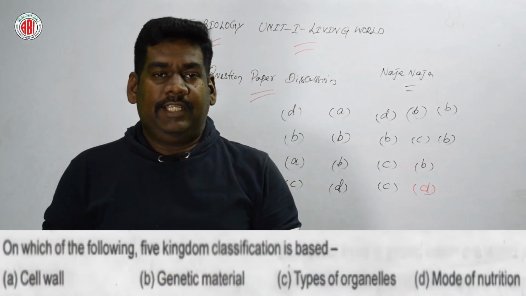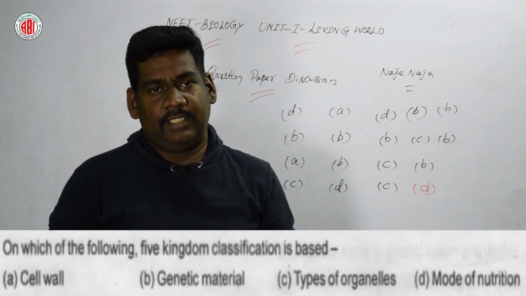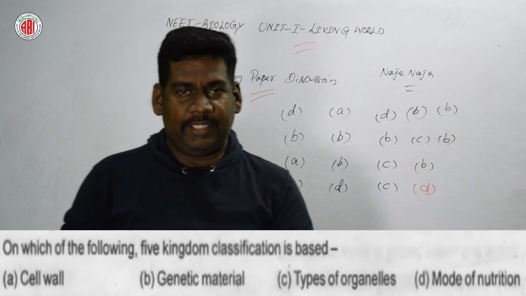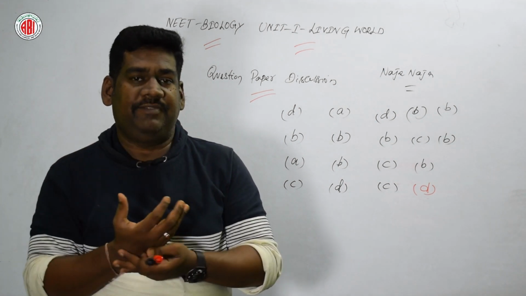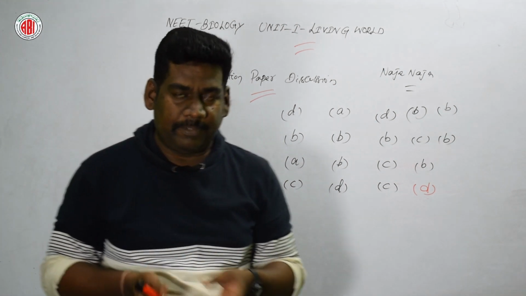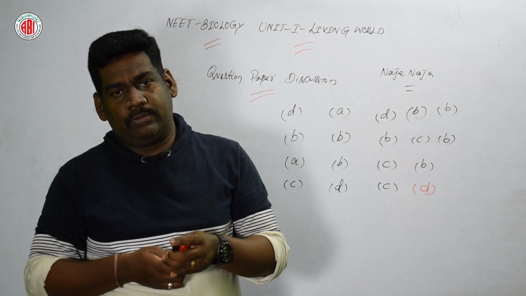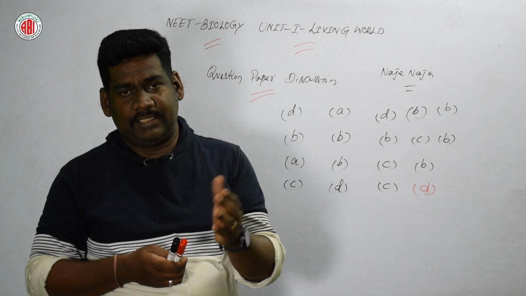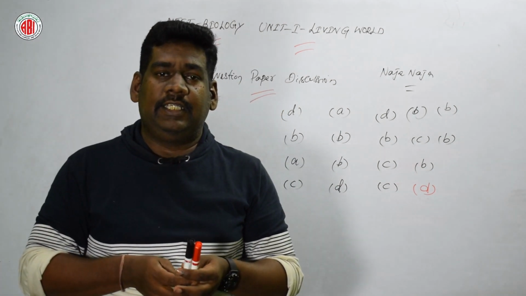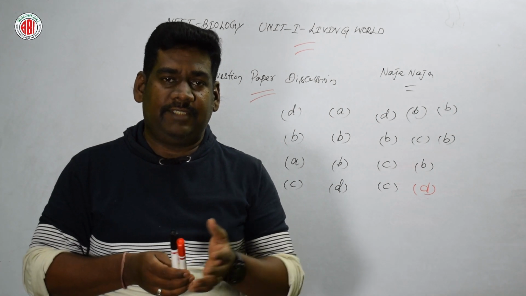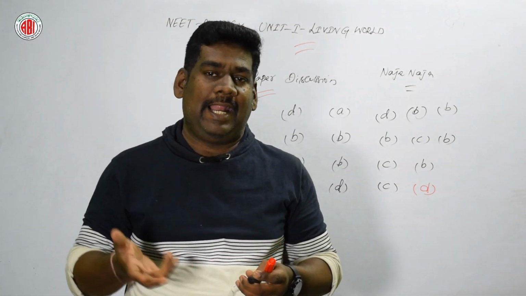On which of the following is the 5 kingdom classification based? So here are 4 different options: cell wall and genetic material, types of organelles, mode of nutrition. The 5 kingdom classification is proposed by Whittaker. We have discussed about it. So this 5 kingdom classification is not based on cell wall, because the 5 kingdom classification includes Monera, Protista, fungi, plantae and animalia.